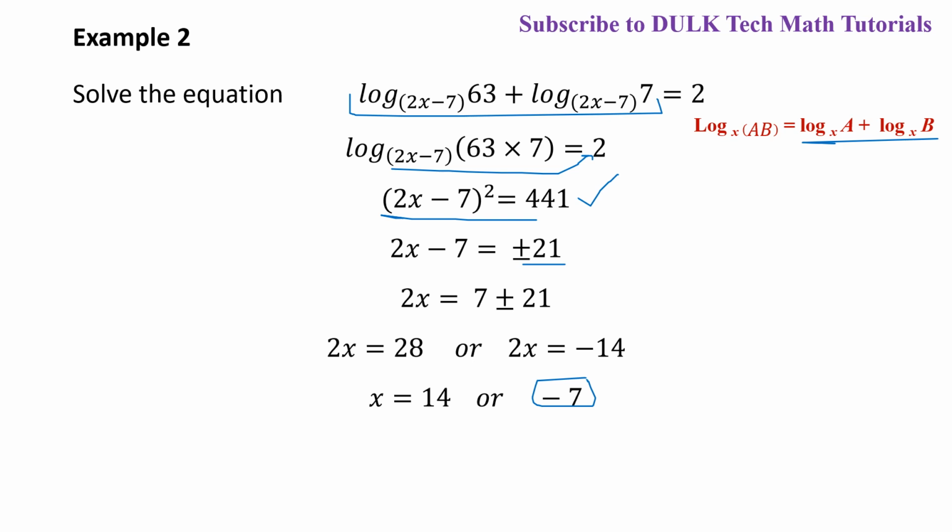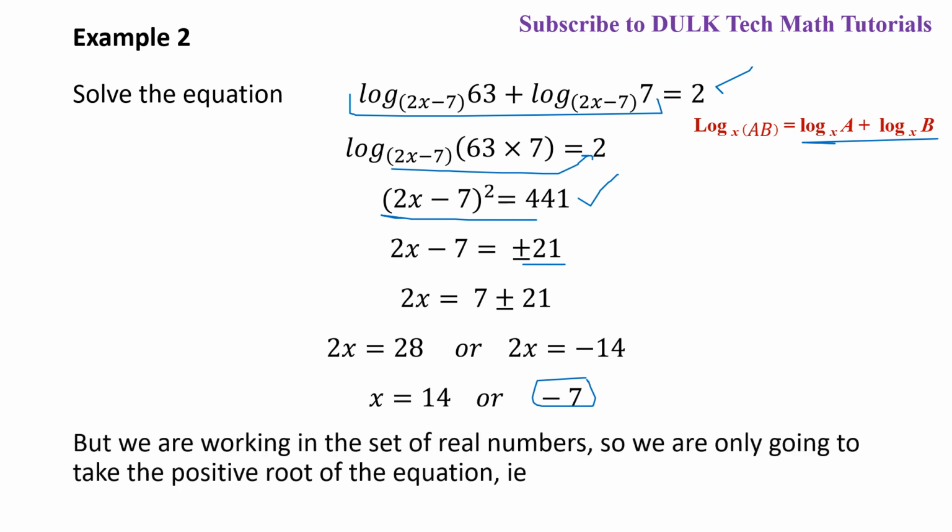If we take minus 7 and substitute it back into the original equation, the base will be minus 21, which is impossible in the set of real numbers. So we are going to ignore this minus 7. We take x as 14, like this. So the final answer is x is equal to 14.